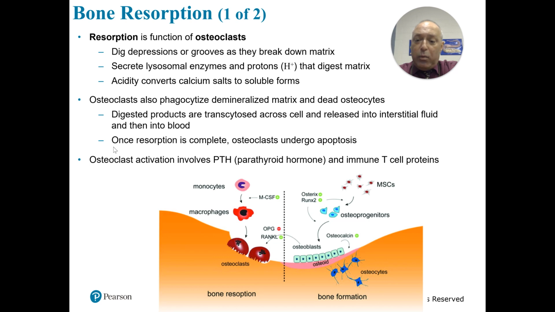Then once resorption is complete, the osteoclasts will undergo apoptosis, which is programmed cell death. So they've completed their mission. They now need to disappear, so they commit suicide and disappear. Now, the osteoclast activation involves parathyroid hormone and immune T cell proteins.